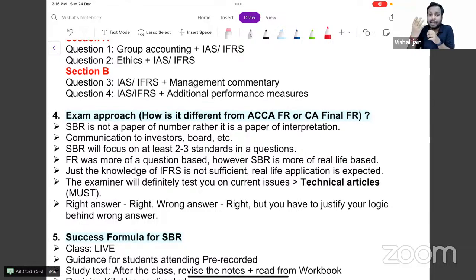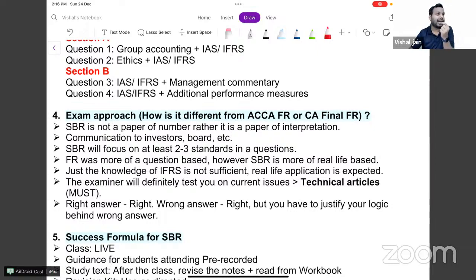You have to guide them on the accounting treatment front, what is a challenge in the accounting treatment, how it can be improved, what can be the correct accounting treatment, and what the ethical issues are. That's the difference in orientation that FA, FR, and SBR have.